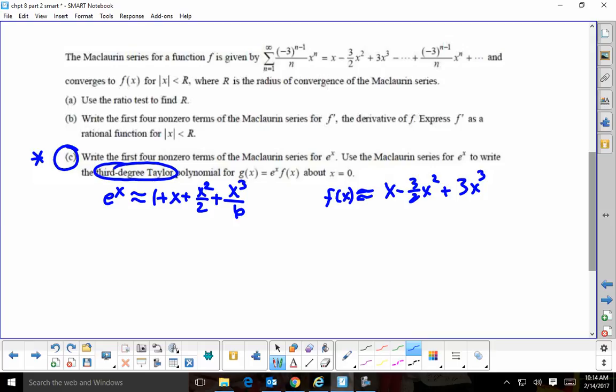So we're doing exactly what we just did. We're going to set up our table. So we just did on the previous problem.